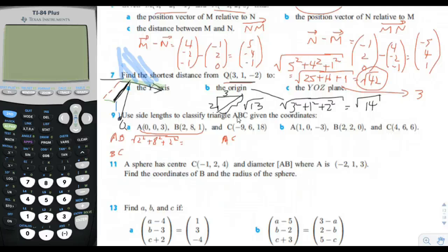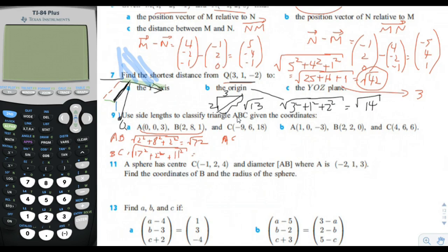That would be 4 plus 4, 8 plus 64, 72, so the square root of 72. Okay, and then BC would be, let's see, the square root of 17 squared plus 2 squared and 11 squared.